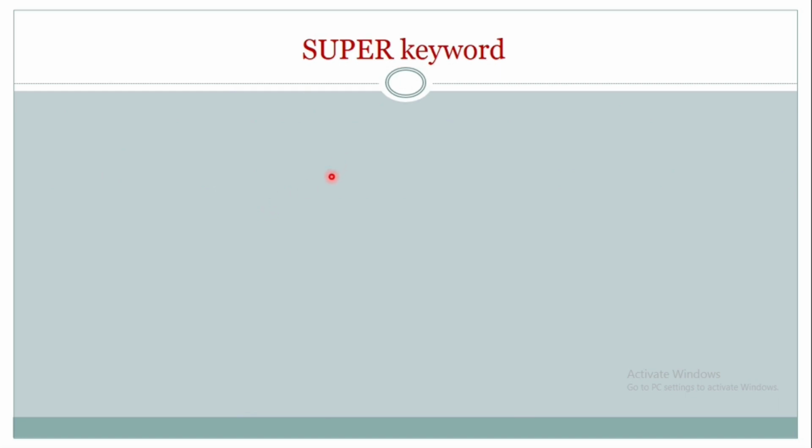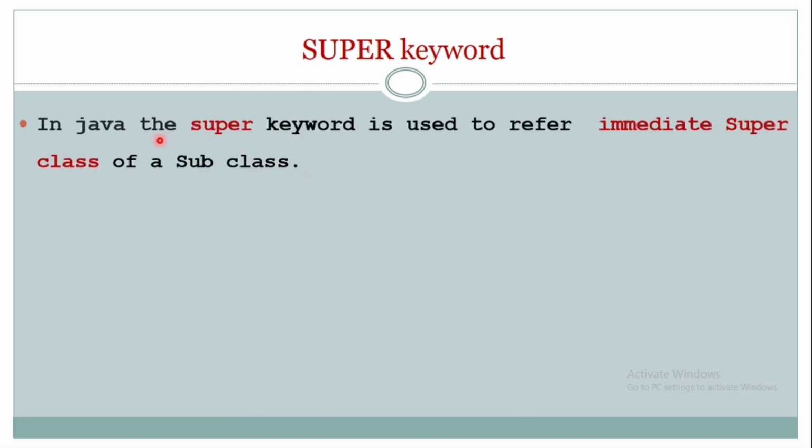Now let us explore the super keyword. In Java, the super keyword is used to refer to the immediate superclass of a subclass. Suppose I want to refer to a superclass instance variable, or I want to refer to the superclass method or constructor, I can make use of the super keyword.